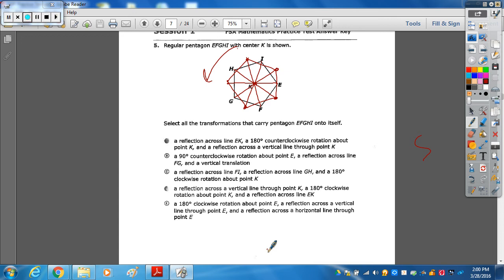If you guys think you have some insight into that, let me know, but that's how I read that problem. And then the third part, reflection across the vertical line through point K. Again, I don't know why it's saying it's mapping back onto itself, because I would then be here, H would be over here, E would be over here, G would be over in here, and F would be over in here. So it would look something like this.